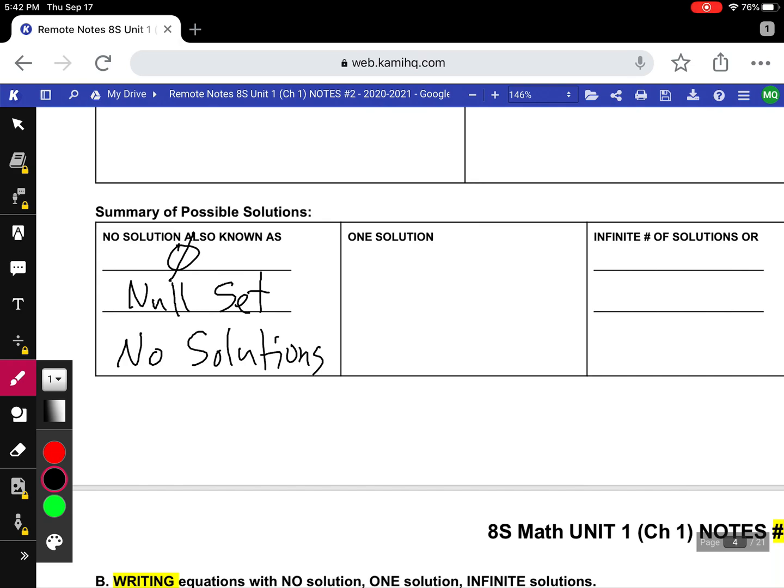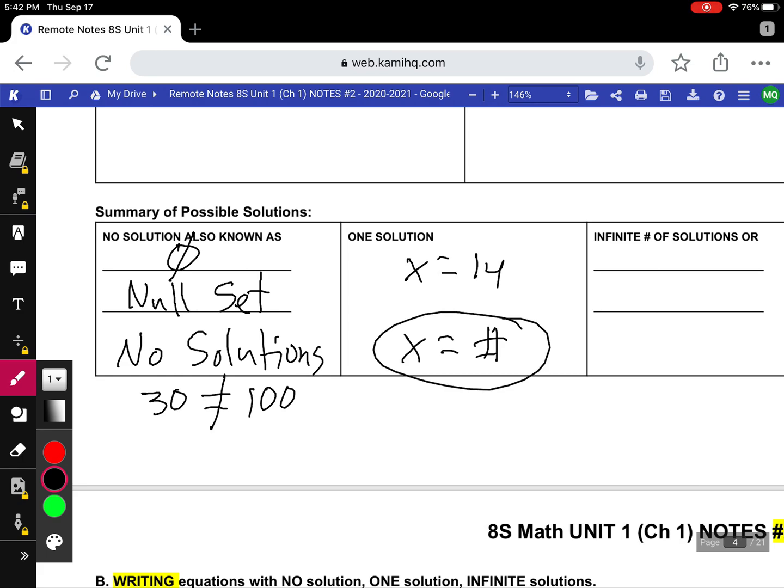Then we can have one solution. Let me give you one example: something like 30 equals 100, right? That is not true, so we say no solution. We could get one solution, like x equals 14.